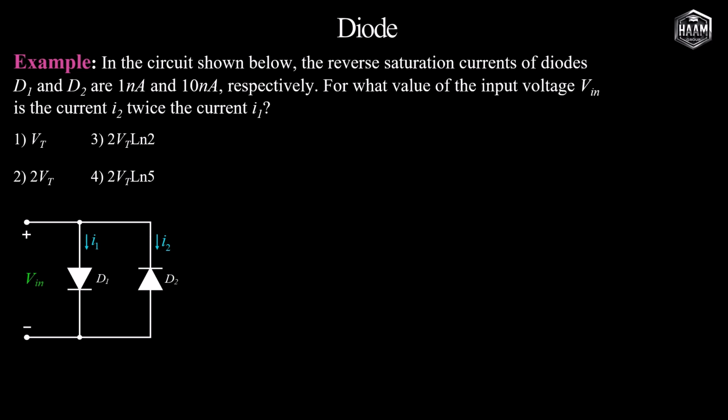We wish to find the value of V for which the current I2, that is, the current through the diode operating in reverse bias, becomes twice the current I1. If we take D1 to be forward biased, we may approximately write I1 as I_S1 times e raised to the power of V_D divided by eta times V_T, neglecting the minus 1 term as an approximation, since the exponential term dominates.